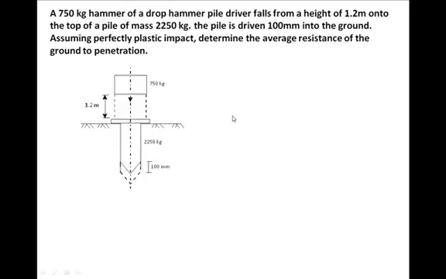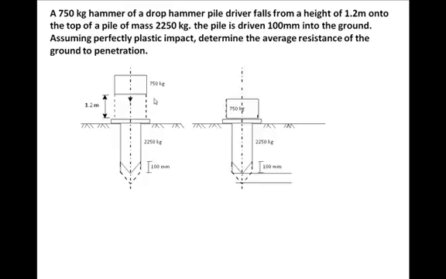So we'll look at it this way. See, when it falls, the 750 kg gets some initial velocity because of the fall, and then it will have impact with the pile. So we write the direct impact equation for these two. So these equations are this.